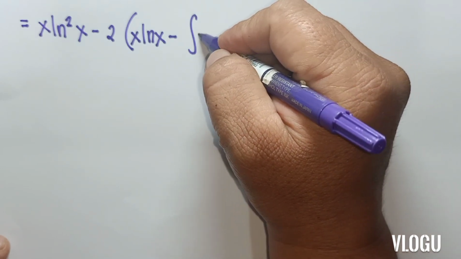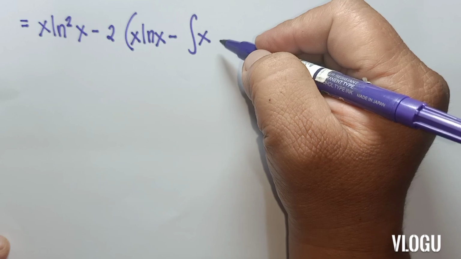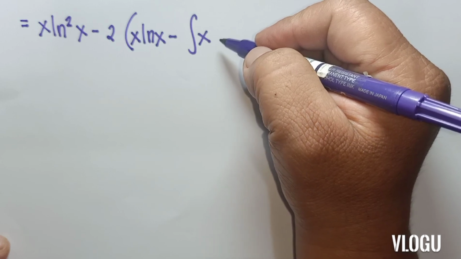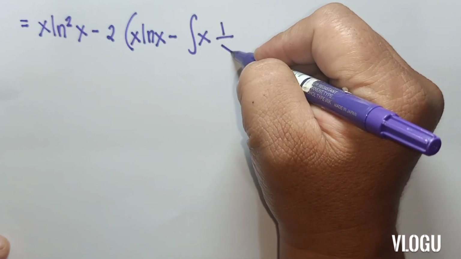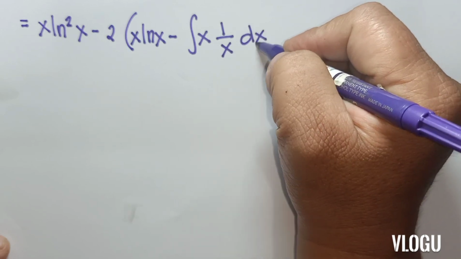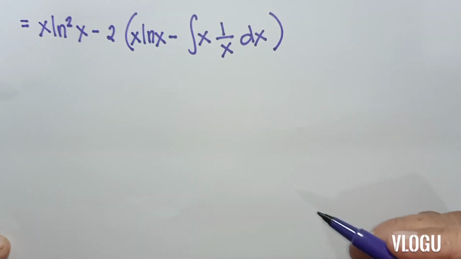Our v is equal to x, and our du is equal to 1 over x dx.